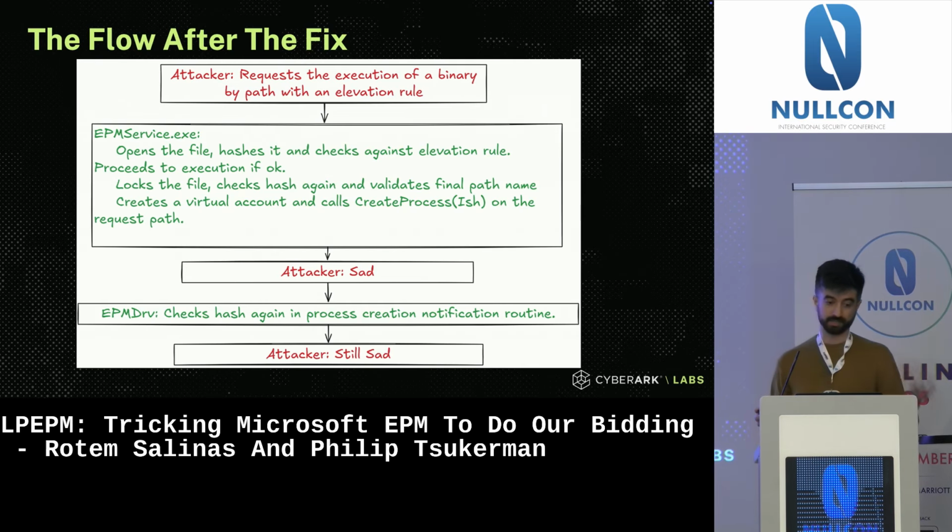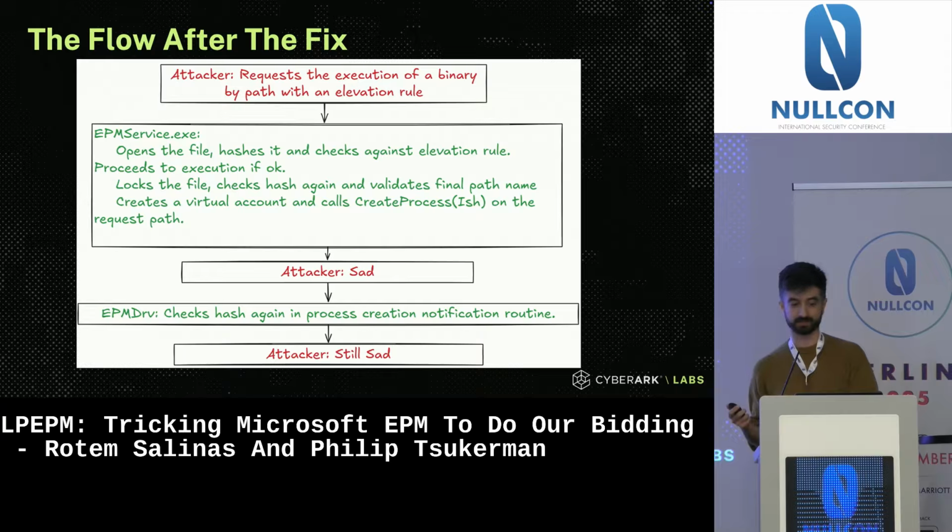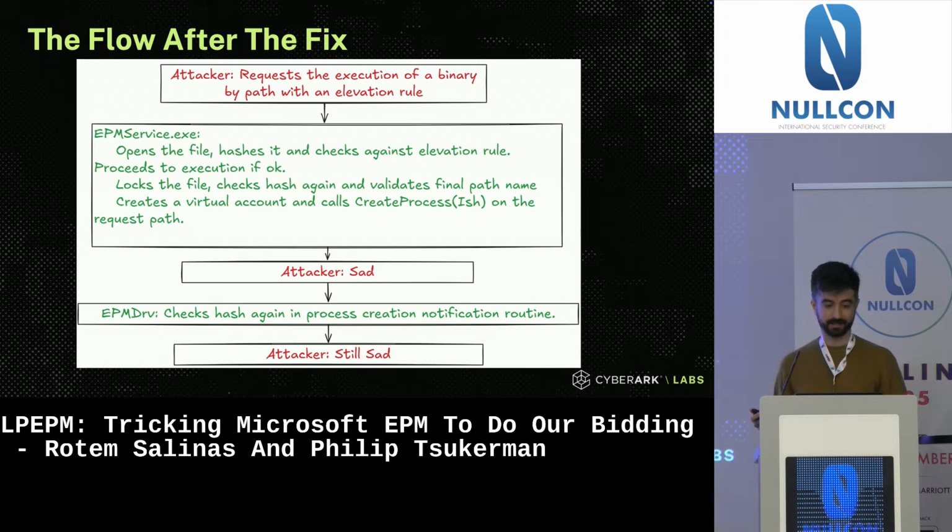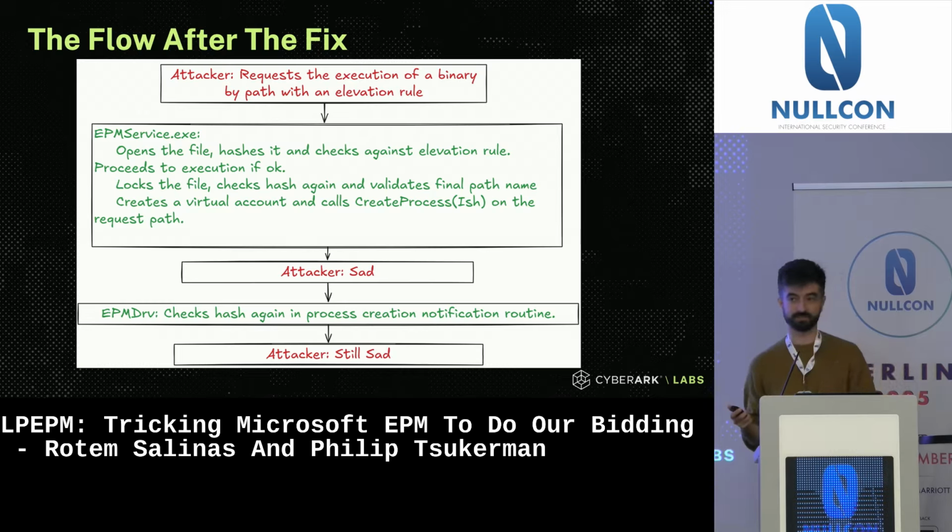So the flow right now looks like this. We try to request the execution of an allowed binary. The EPM service opens the file exclusively, hashes it a couple of times, because the way to fix a double fetch is making it, I think it's a quadruple fetch now. And it creates a virtual account and calls pretty much CreateProcess on that request path if all validation steps are completed.